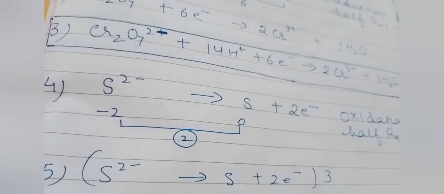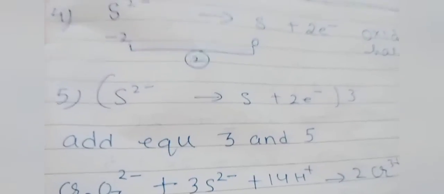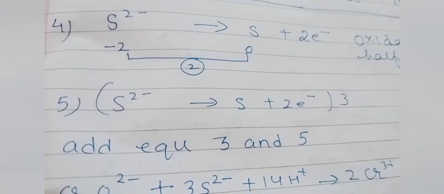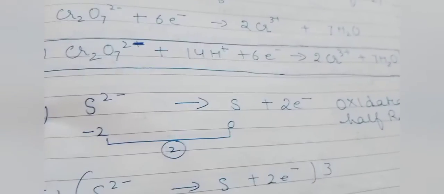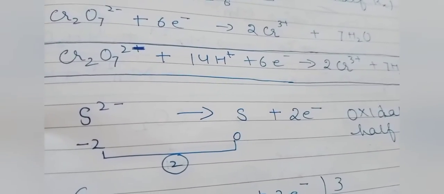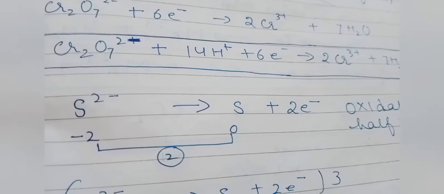Now in a redox reaction the number of electrons used and the number of electrons produced is always the same. Therefore we have to multiply equation number 4 or 5 with 3, because in the third step the total number of electrons used is 6.